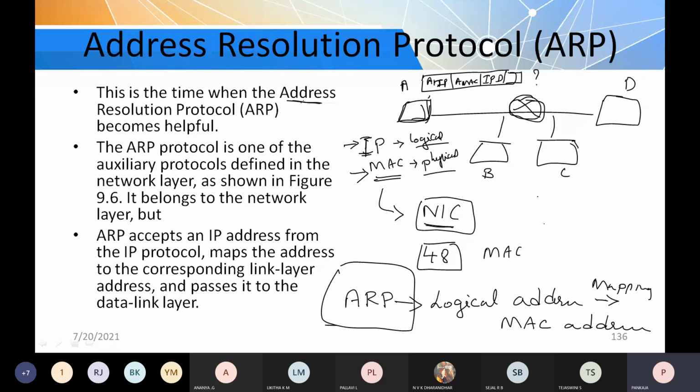In case the device knows the physical address, which is nothing but the MAC address, and wants to know the IP address, it has to use the protocol called RARP, the Reverse Address Resolution Protocol.